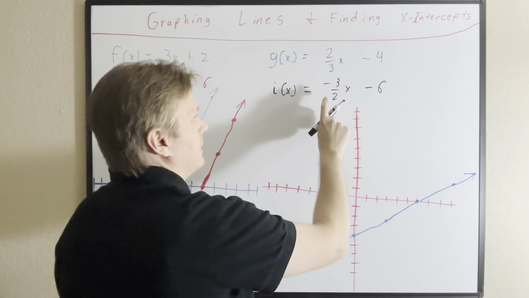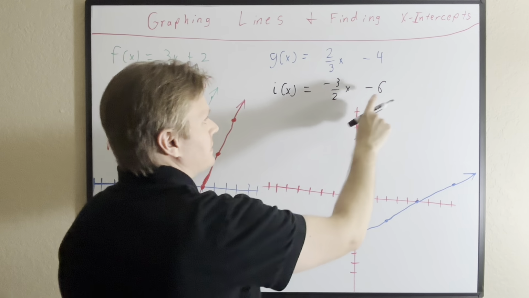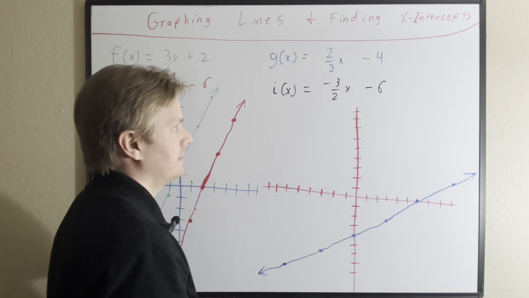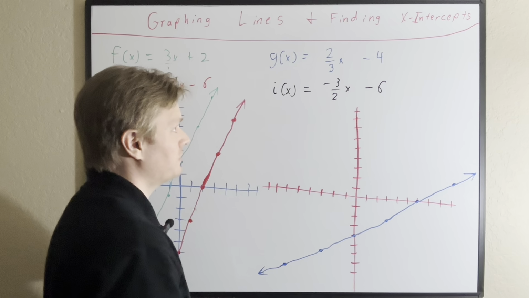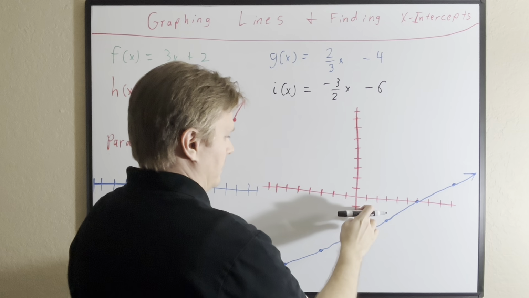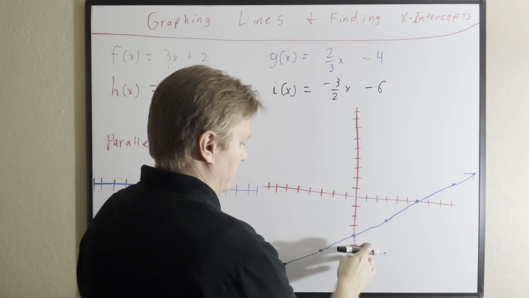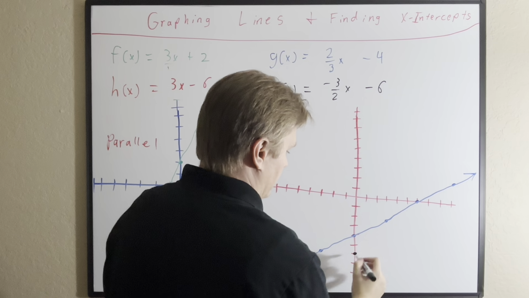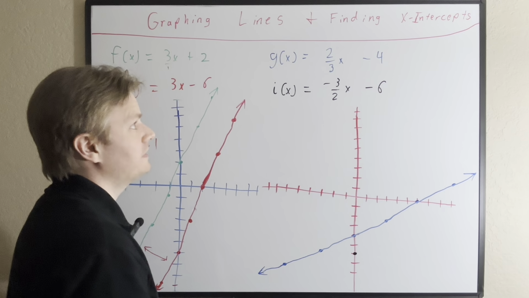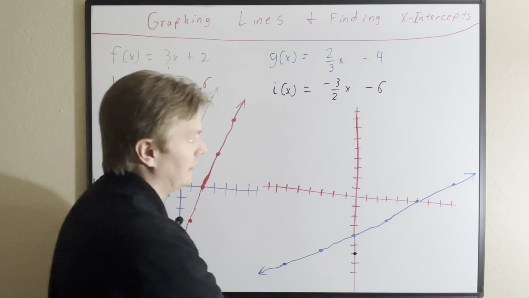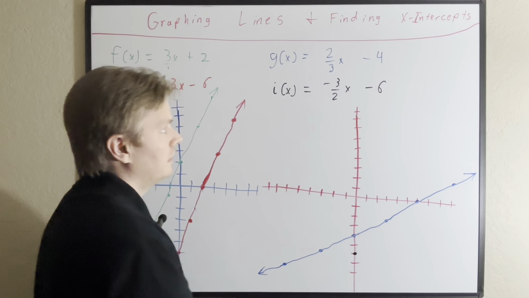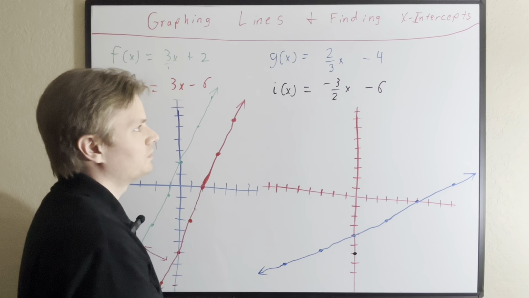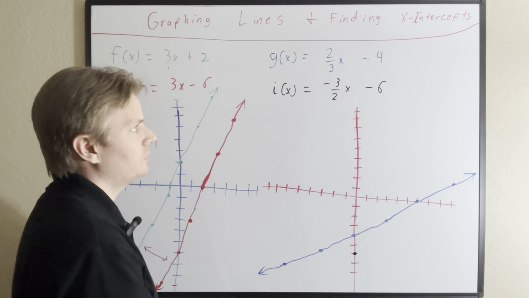All right. -3/2 x minus 6. It's very different, right? So 1, 2, 3, 4, 5, 6. Start there. Okay. All right, this time our slope is negative, so we're going to be going down. -3 over 2.